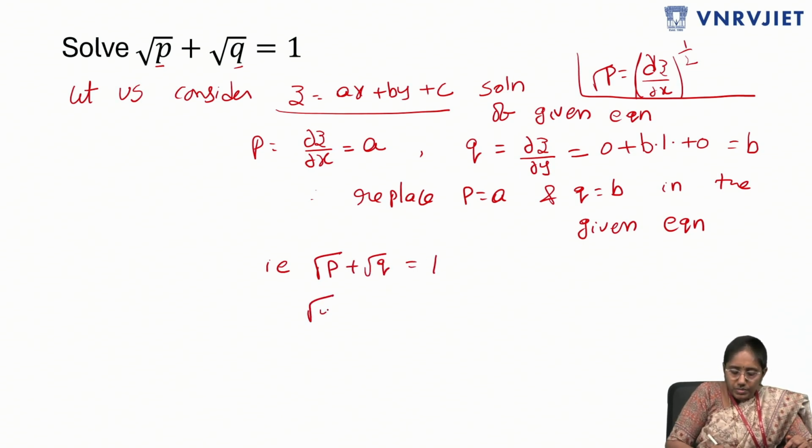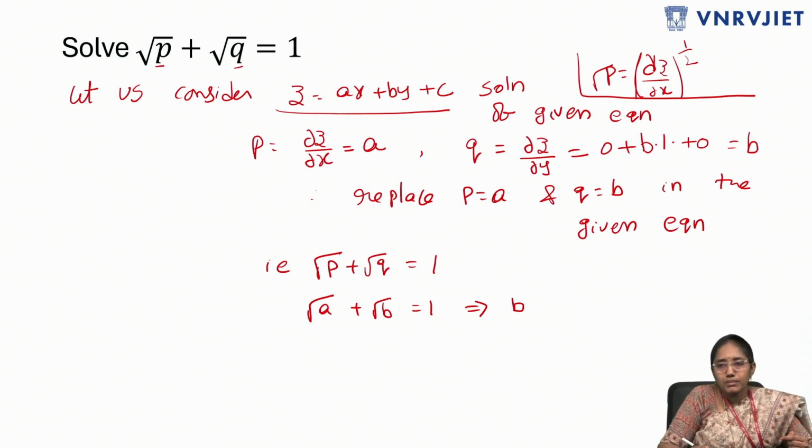Just replace p by a and q by b. Then express b in terms of a. So root b equals 1 minus root a, and squaring on both sides, b equals (1 minus root a) whole square.